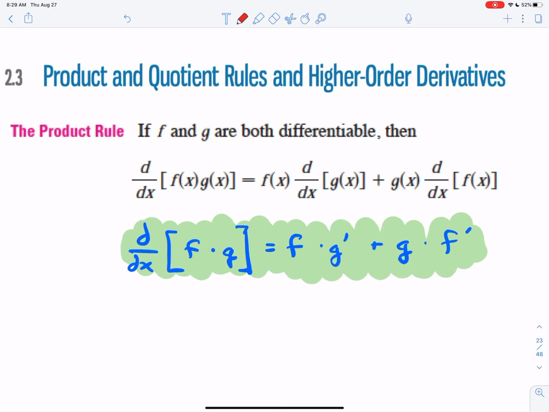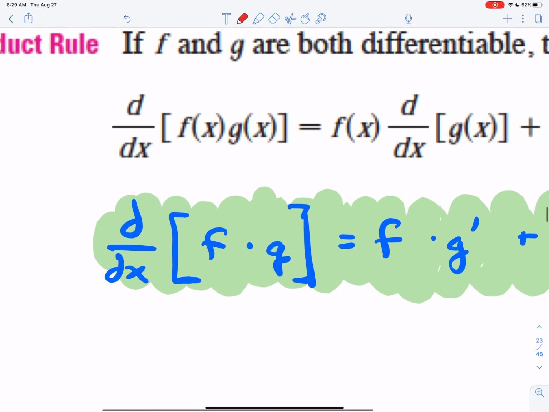So if we have two functions and we're multiplying it together, right? If we have a product and we're taking the derivative, the way you remember this is, let's give it some names. Let's call this the first, and let's call this the second. Obviously, the function that appears first will be called first, and the second function will be the second function, okay?